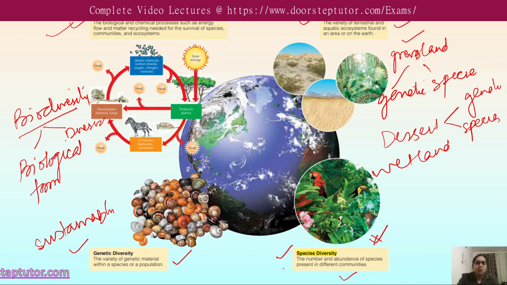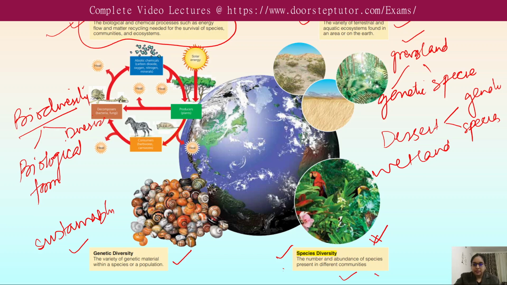These all form an important component of the ecosystem, and in functional diversity, all the biological as well as chemical processes required for the sustainability of the species, population, or community in an ecosystem are included. That is why functional diversity is also an important component of biodiversity.